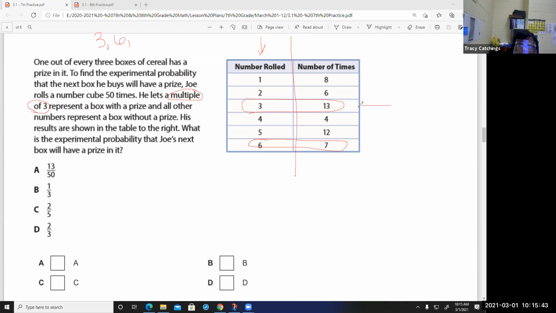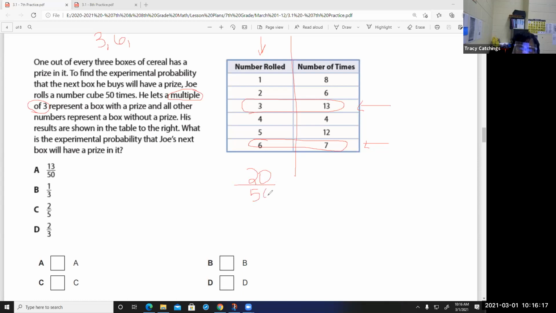So then I ask myself how many times for each and add it up. We added up the number of times. Y'all said 3 and 6. So then how many with 3 and how many with 6? 20. And then what's our total?